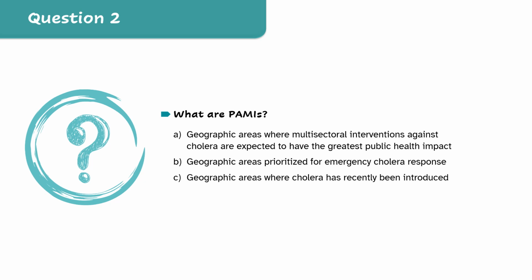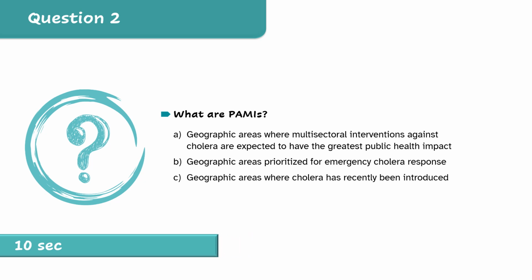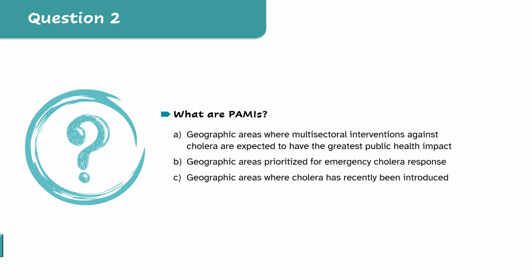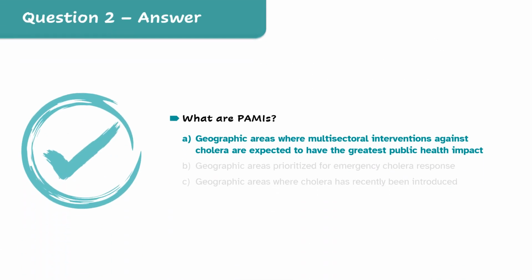C. Geographic areas where cholera has recently been introduced. The correct answer is A. PAMIs are the geographic areas where multi-sectoral interventions against cholera are expected to have the greatest public health impact.